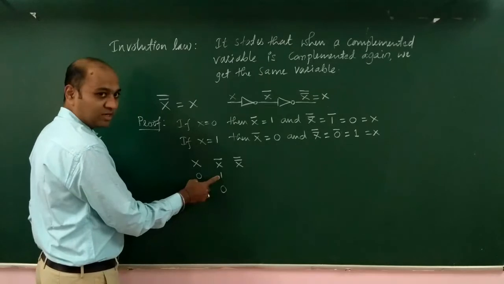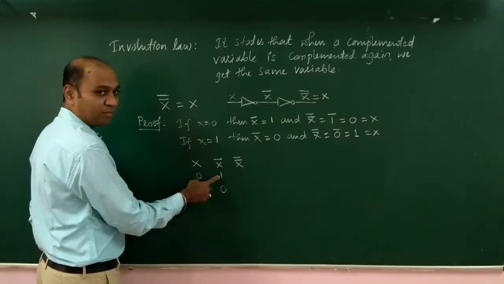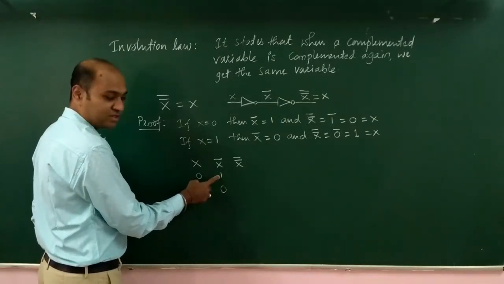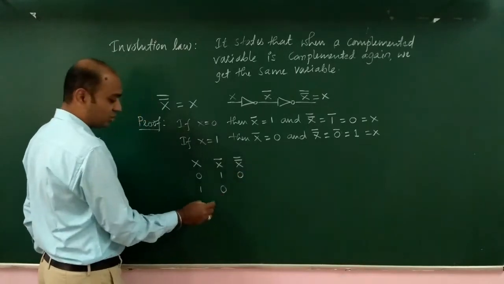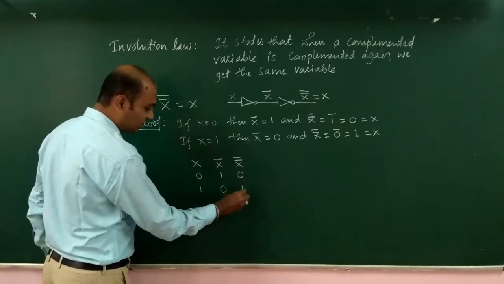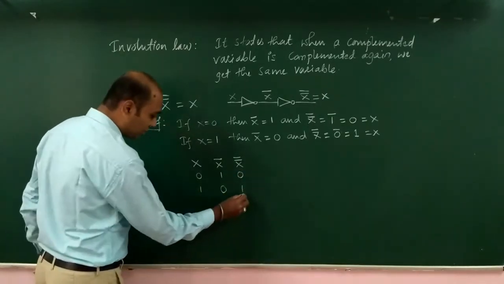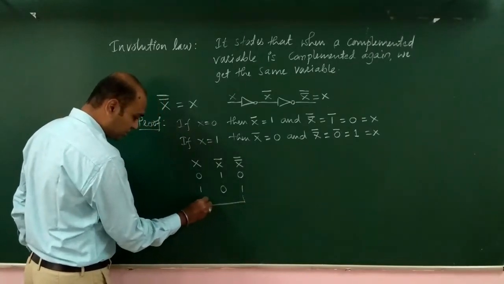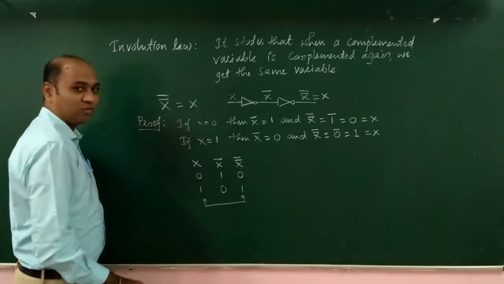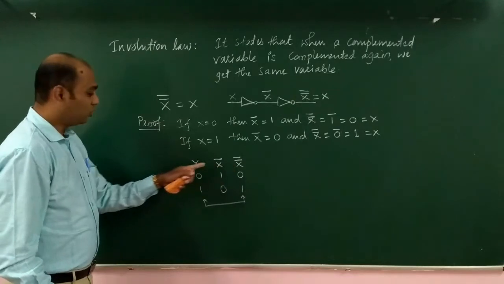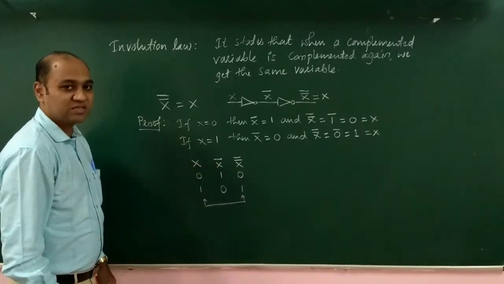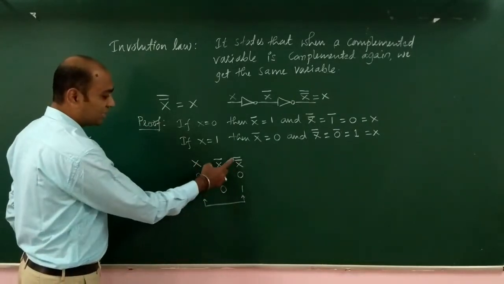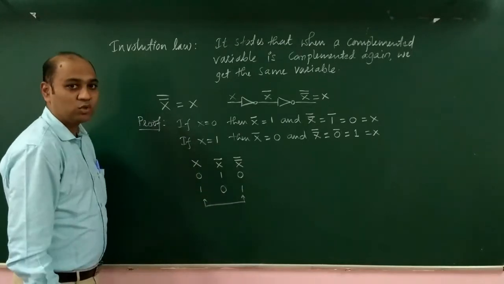So we need to consider this particular column and complement it once again. So here if it is 1, then the result is 0, and if it is 0, then the result is 1. And here we can compare both of these two columns. Hence we will say this involution law proves LHS is equal to RHS. So here x double bar is equal to x.